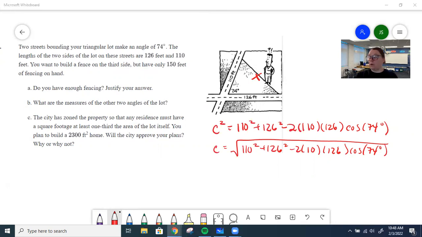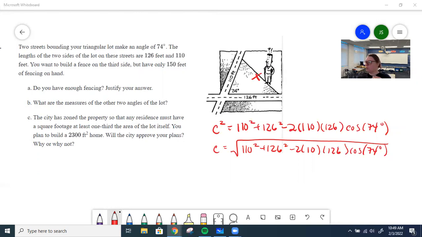So the square root of 110 squared plus 126 squared minus 2 times 110 times 126 times the cosine of 74. Wait, that's not right.